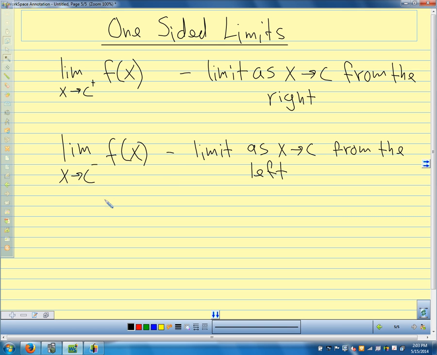And what did we say had to be true last time about the limit from the left and the limit from the right for a limit to exist? They had to approach the same number. They have to be the same. For the limit to exist, the limit from the left has to equal the limit from the right.